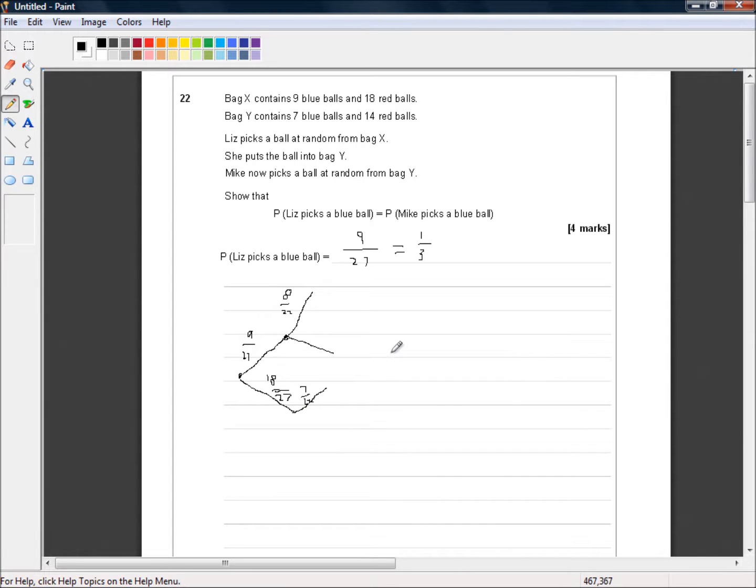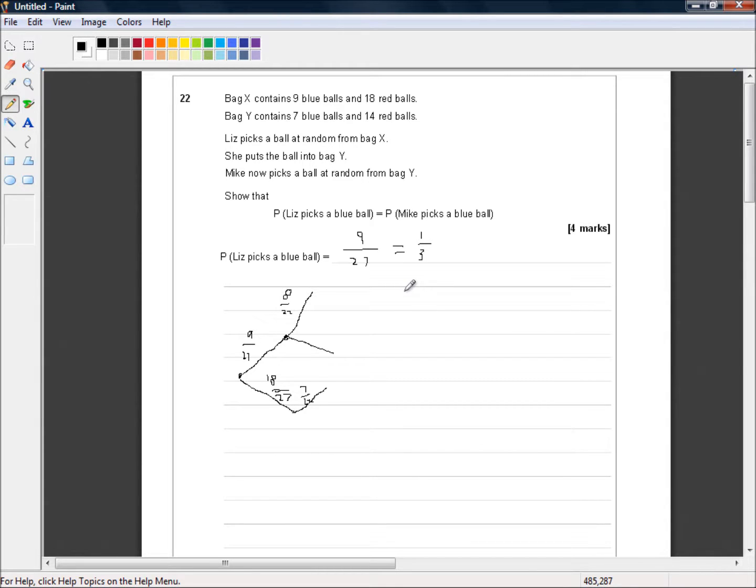So our probability that Mike picks a blue ball is 9 out of 27 times 8 out of 22, plus 18 out of 27 times 7 out of 22. So let's add these together.